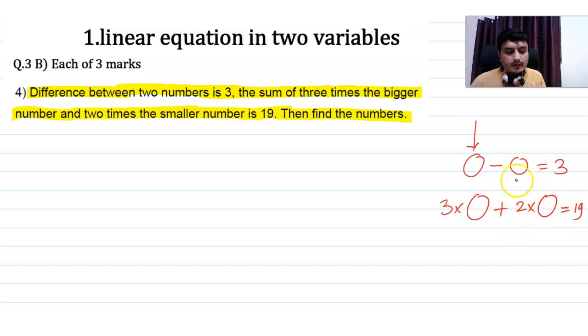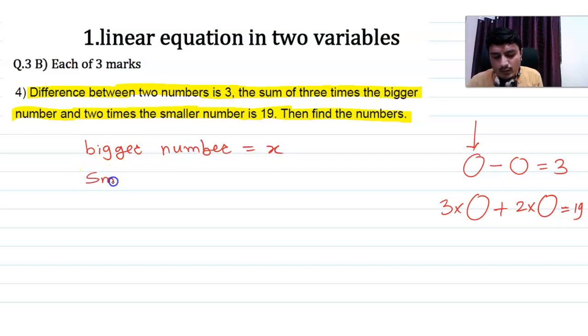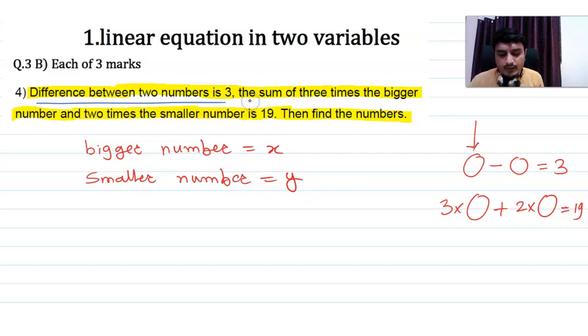So from here we are getting linear equations in two variables. Suppose at the start we assume there are two numbers. One number is the bigger number, so we assume the bigger number is x, and the smaller number, let it be y. At the start we are given the difference between the two numbers. The difference is positive, so obviously we have to subtract the smaller number from the bigger number.